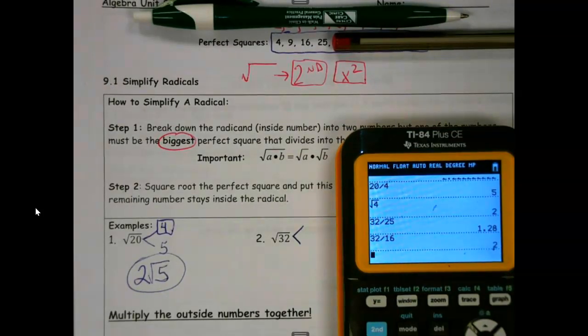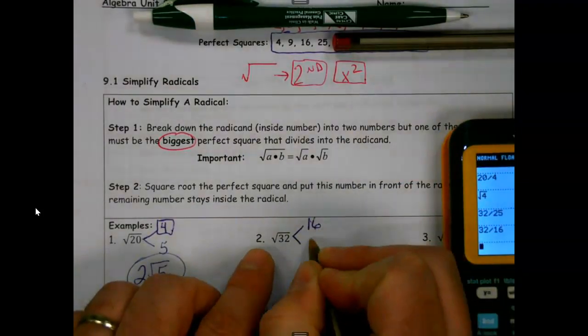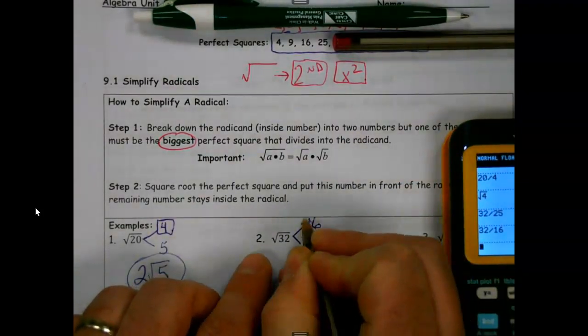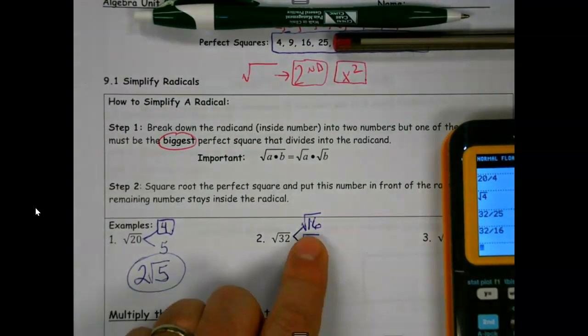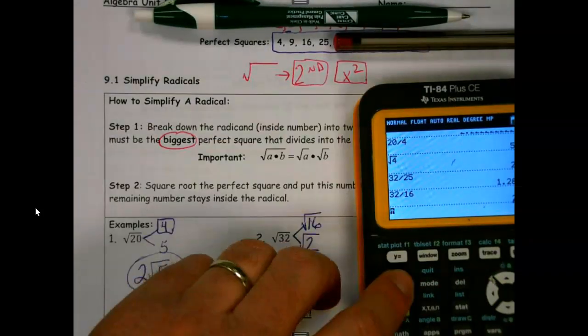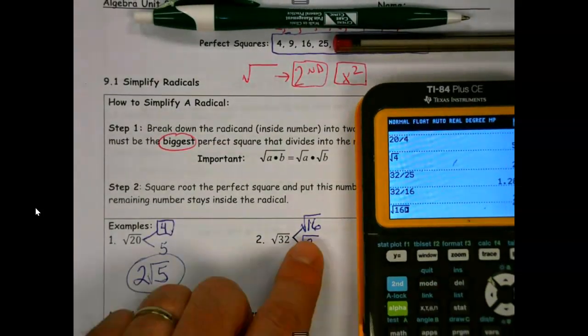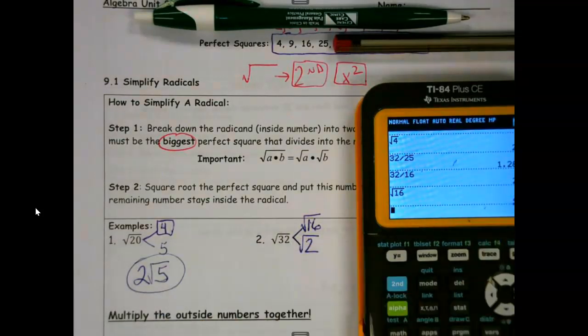So here's how this is going to work. I've got 16 and I've got 2. It's 4 square root of 2. So the square root of 16, second x squared, just the one that was in the box, that's the only one we're taking the square root of, is 4.